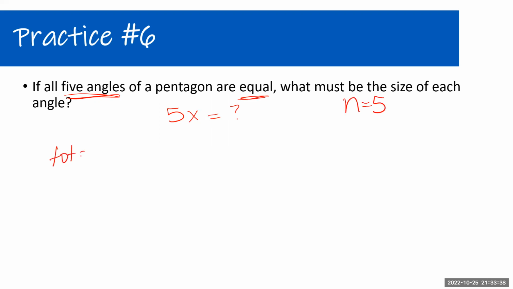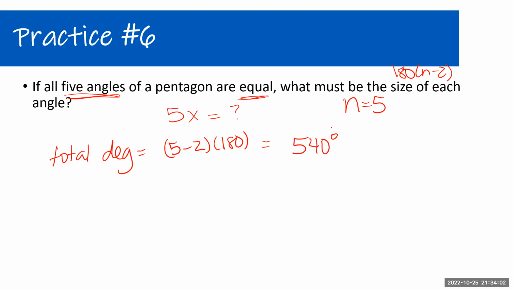So the total degrees must be 5 minus 2 times that 180, okay? Because of that 180 times n minus 2 rule. I put them in opposite order, but that doesn't matter. It's going to be 3 times 180, so that's going to give us 540 degrees total.